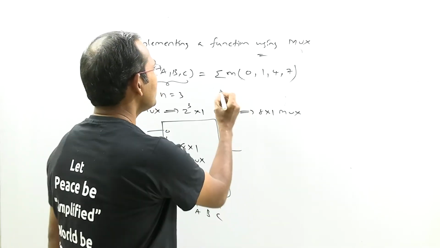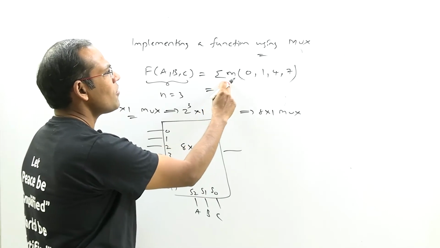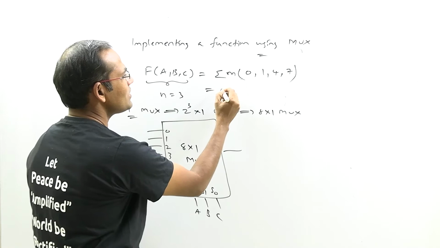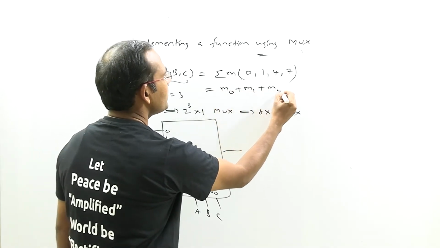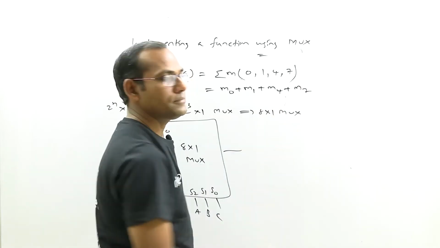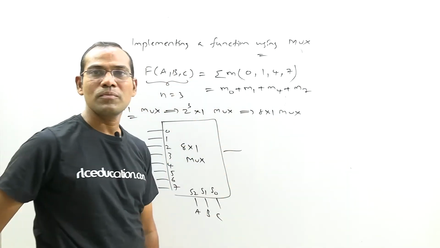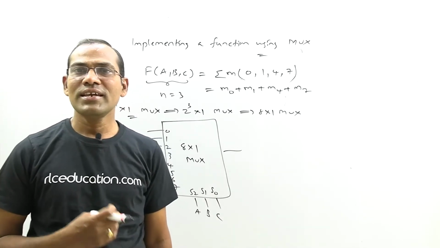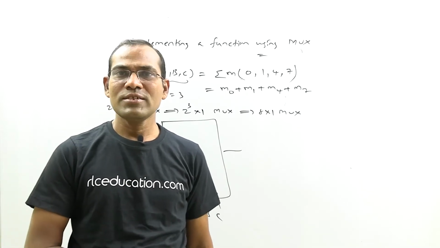So here the meaning of this one is sigma of minterms 0, 1, 4, 7. That means it is the sum of minterm 0, minterm 1, minterm 4, minterm 7. This function is the sum of these 4 minterms. And some time back we have seen the mux output expression.